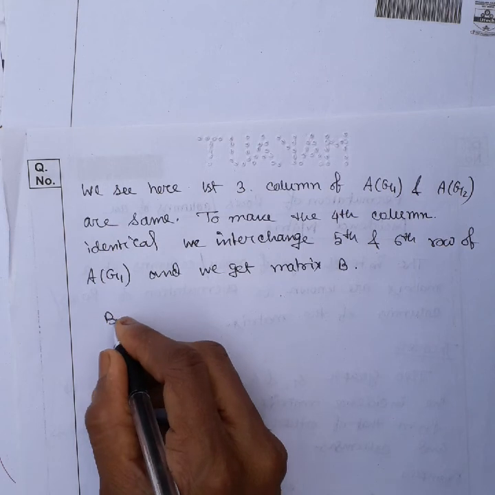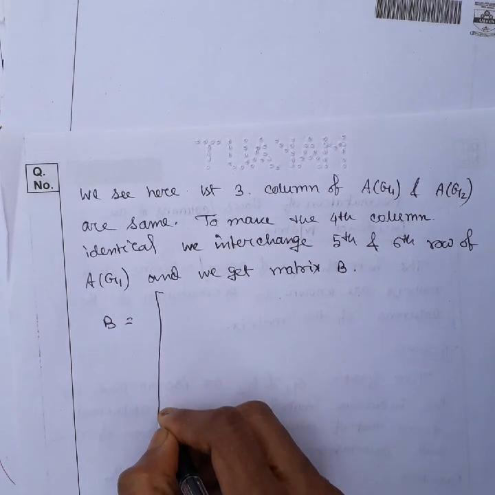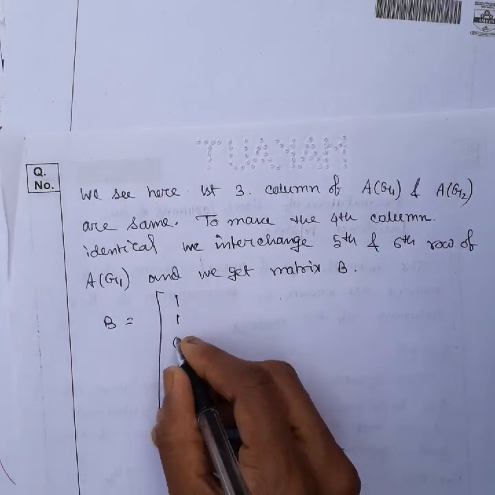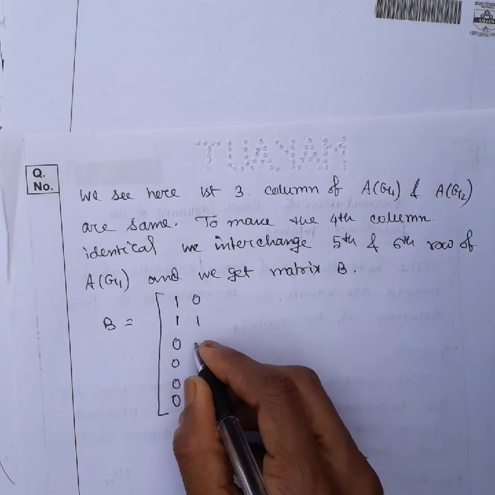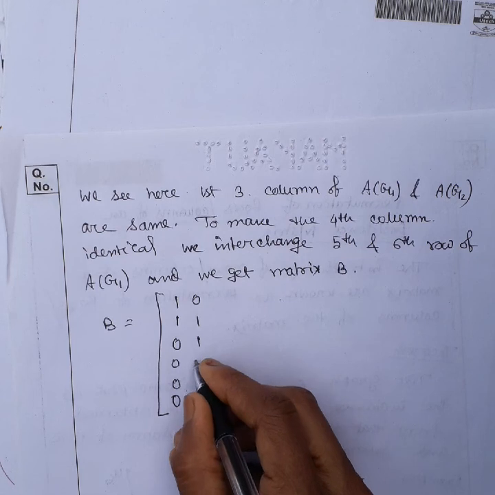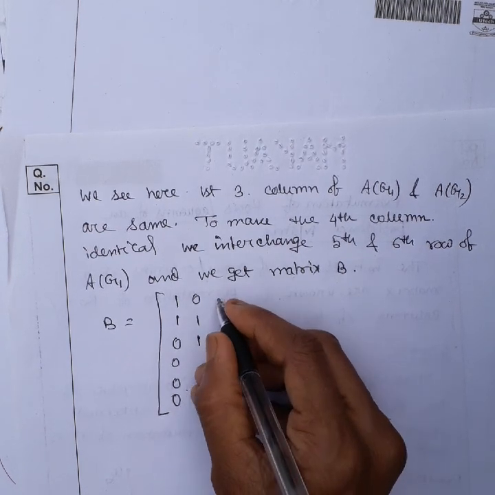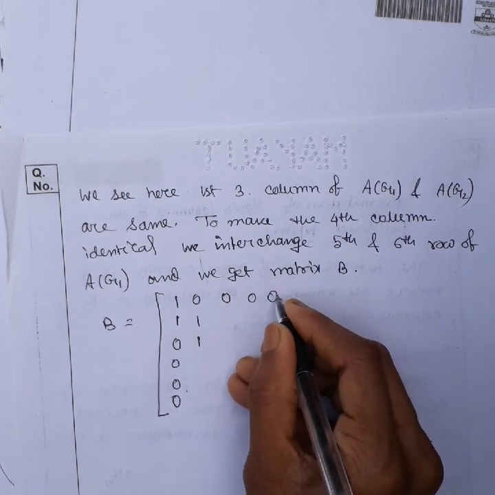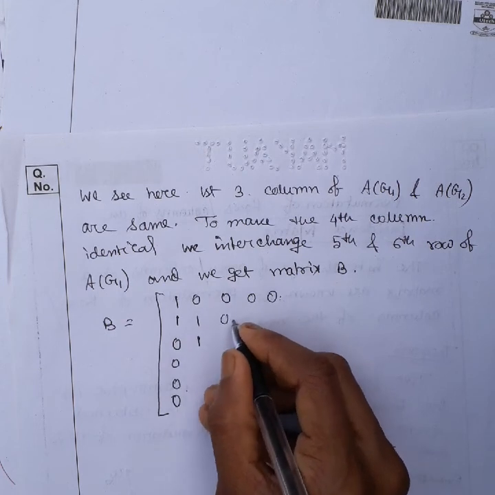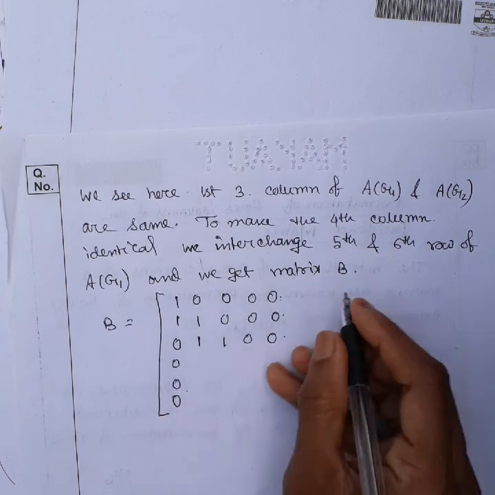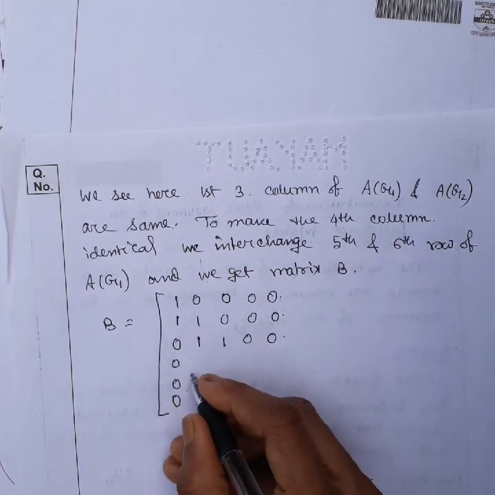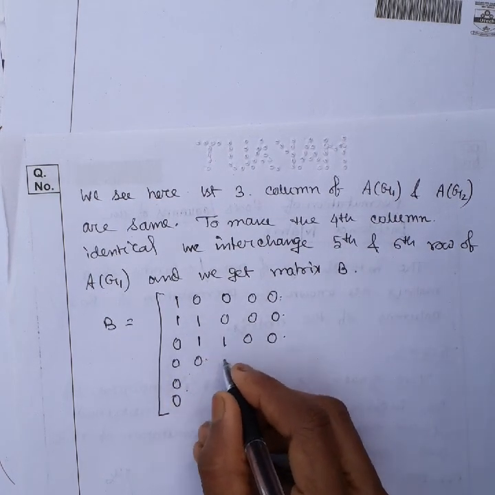That means B is equal to, with the fifth and sixth rows interchanged. So the fourth column is also the same.